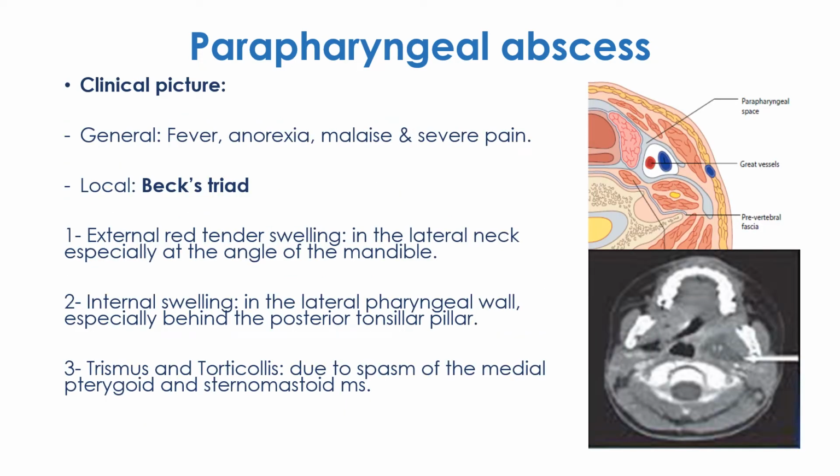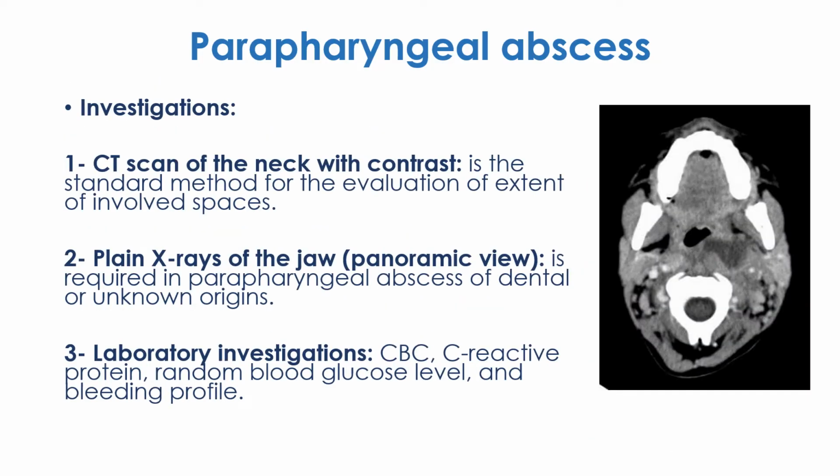The clinical picture includes general manifestations such as fever, anorexia, malaise, and severe pain. Local manifestations are Beck's triad: external red tender swelling in the lateral neck, especially at the angle of the mandible, internal swelling at the lateral pharyngeal wall, especially behind the posterior tonsillar pillar, and trismus and torticollis due to spasm of the medial pterygoid and sternocleidomastoid muscle.